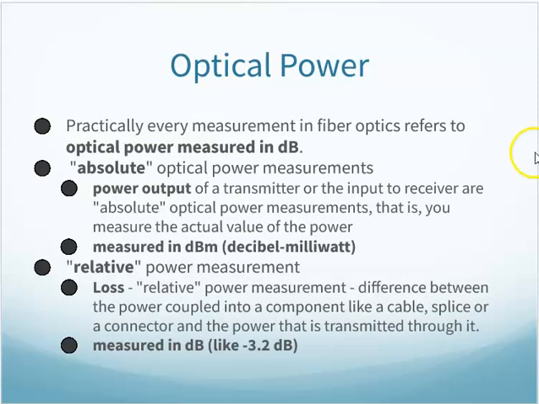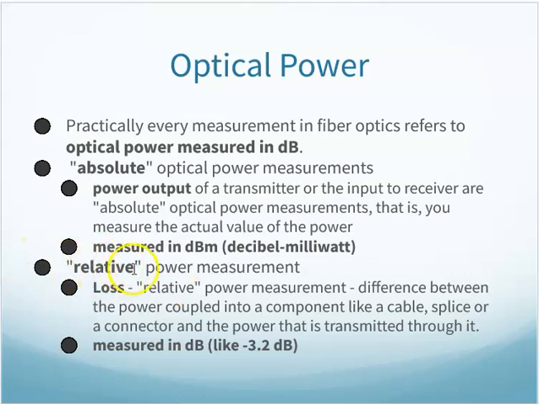All right, optical power. Moving on to optical power. Optical power is measured in decibels. The actual power measurement is an absolute measurement, and the unit is decibels per milliwatt, dBm. Meanwhile, loss is a relative measurement, meaning we take a measurement of power through the cable and look at how much weaker the power is on the other end, and from that you deduce how much loss there was.